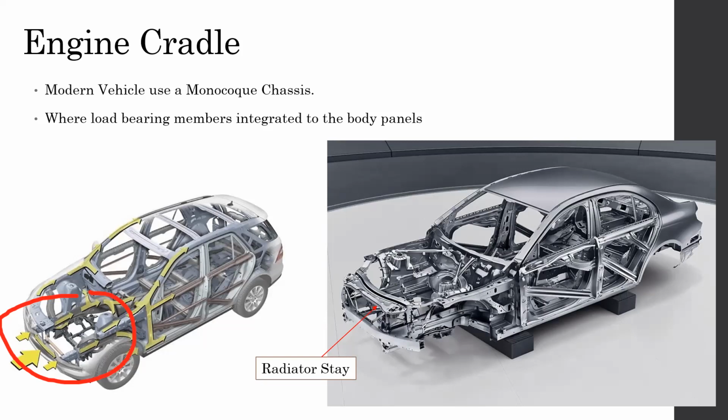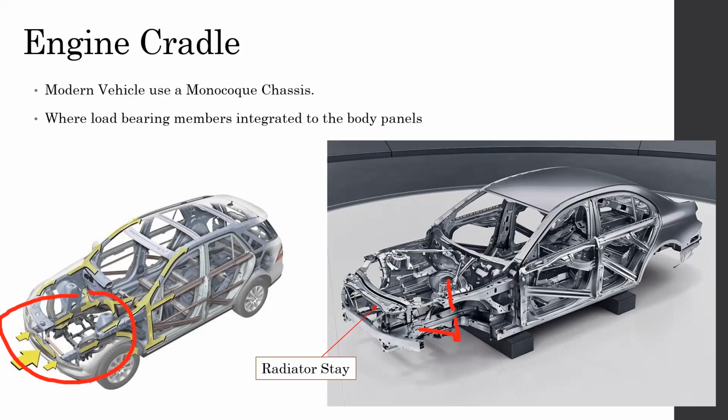In addition to that, as I told you earlier, the lower suspension mounts will be mounted here, and the upper suspension mount, in a MacPherson strut type suspension system, the coil spring and strut assembly will mount onto the top of the frame.